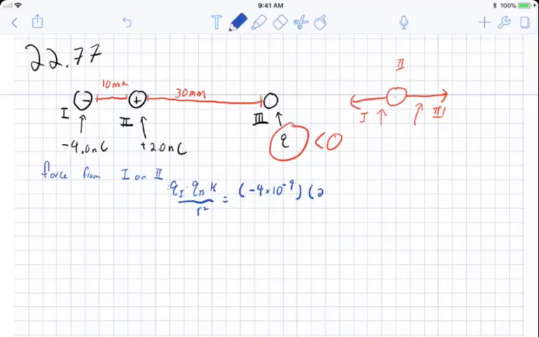Particle 2 has 2 times 10 to the minus 9. The Coulomb constant is 9 times 10 to the 9. And for the distance between them, be careful that you write things in meters. 10 millimeters in meters is 0.1. That's all squared. So that number here is 4.